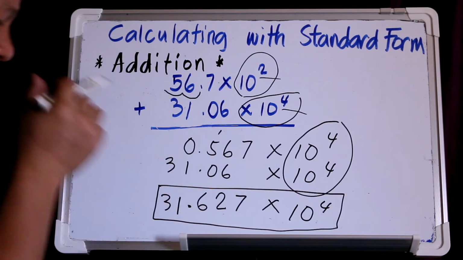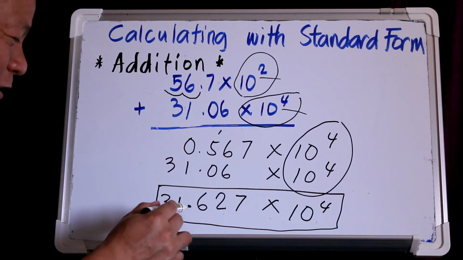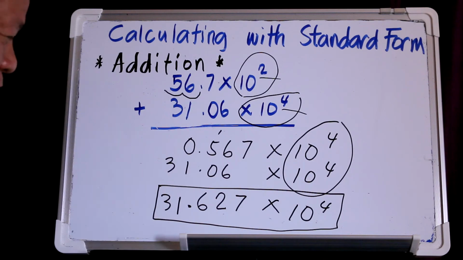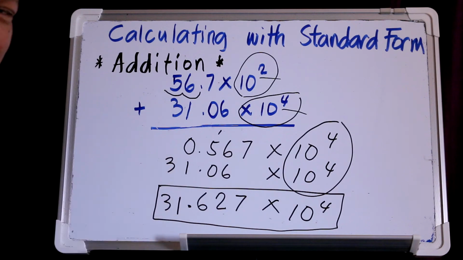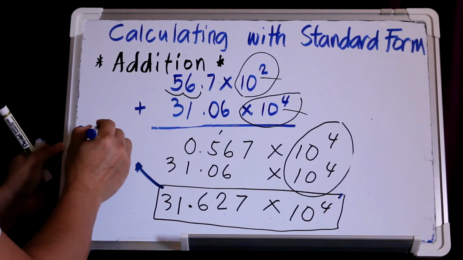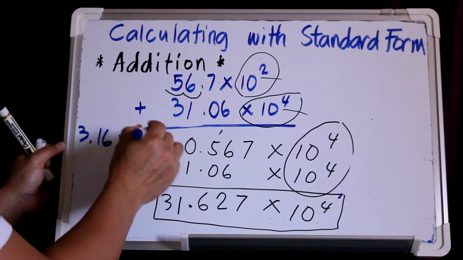But when you write a standard form, the decimal point should be after the first significant number. So we can rewrite this as 3.16 times 10 to the power of 5.